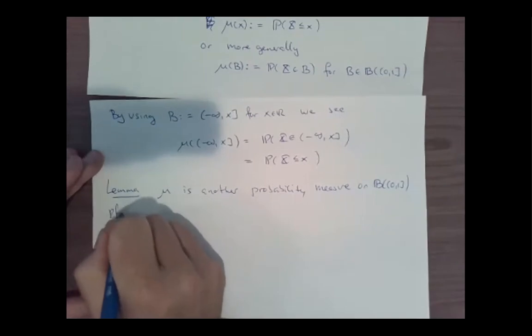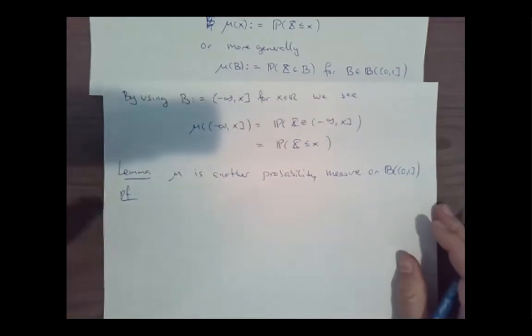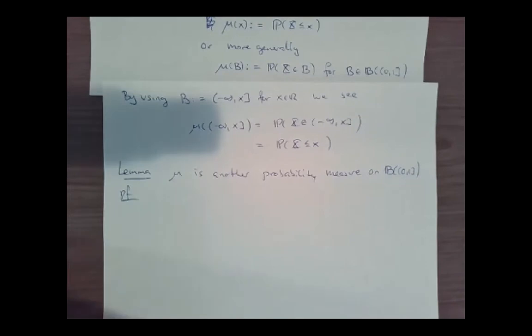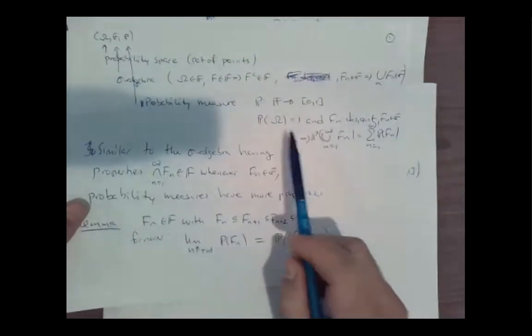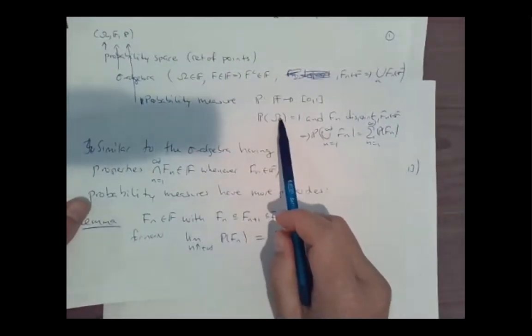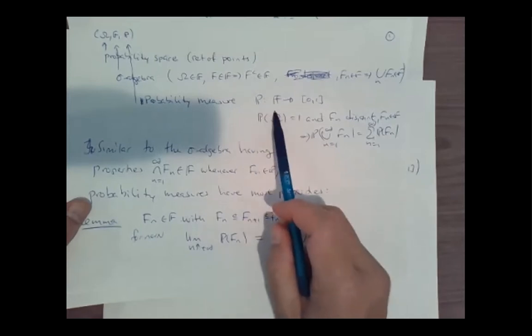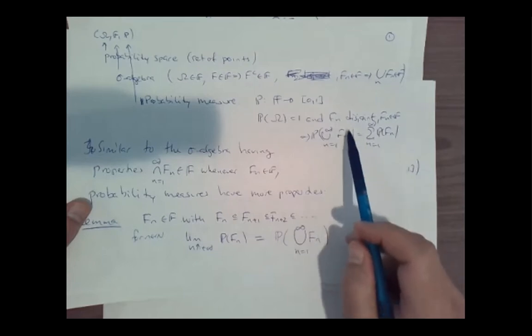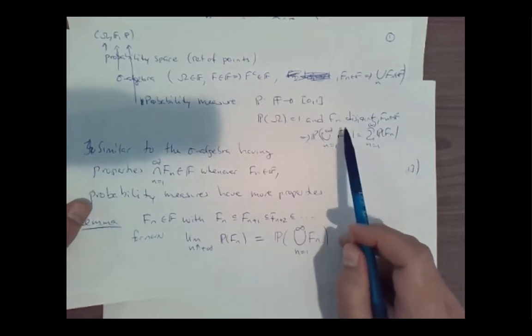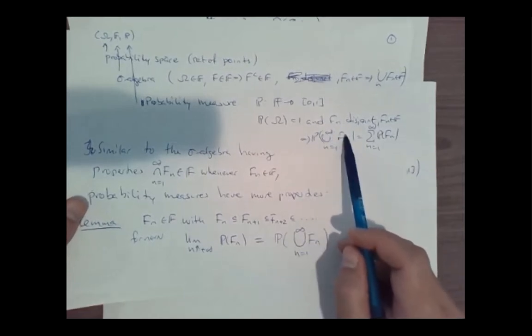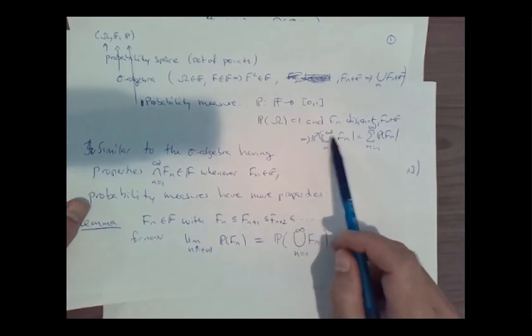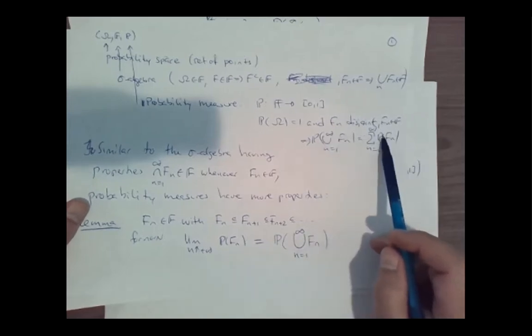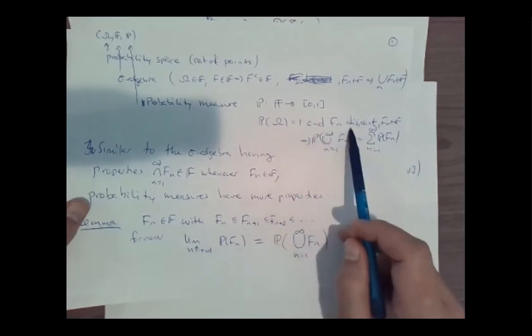And it's not so hard to see because we need to prove two things. We need to prove that if I put in omega, that's the whole space, I get 1. And I need to take disjoint sets; then the probability of the disjoint union is going to be the sum of the individual probabilities.